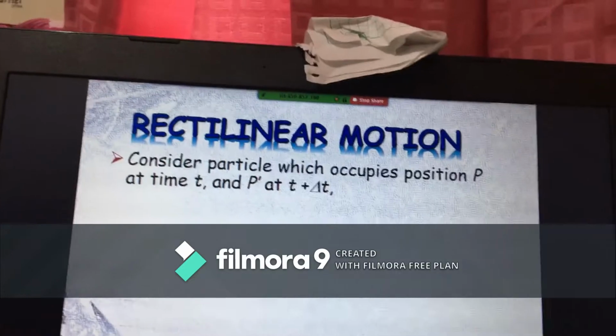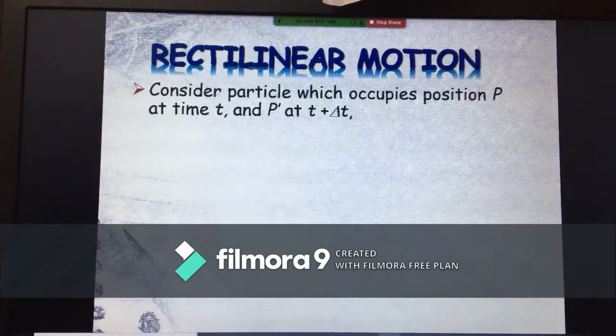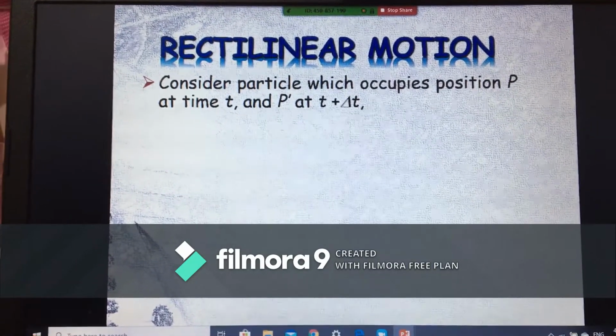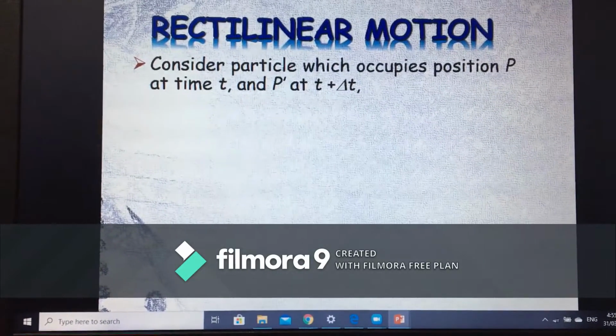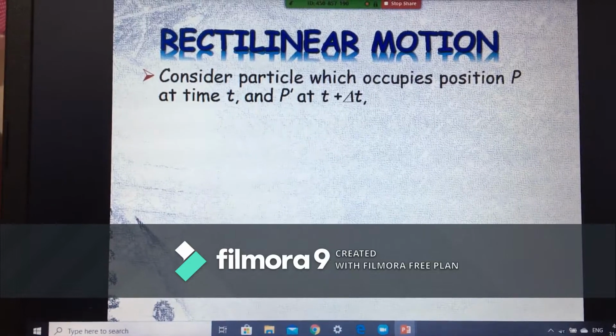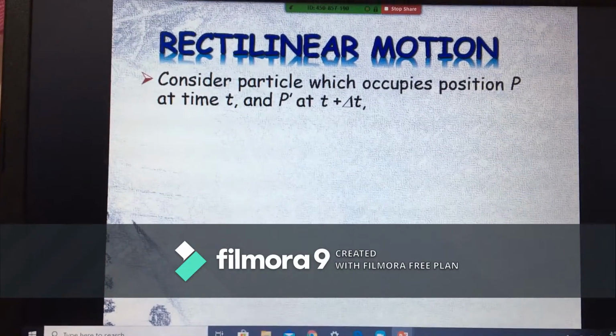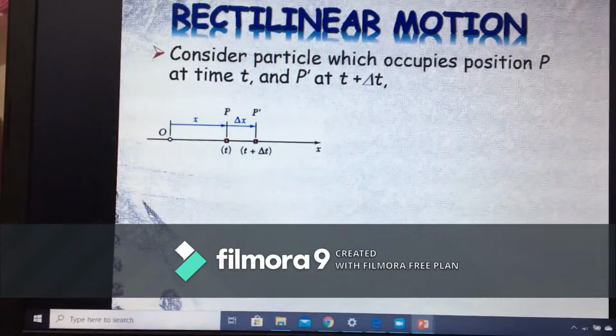A particle occupies position P at a time t, and P prime at t plus delta t, as shown in this picture.